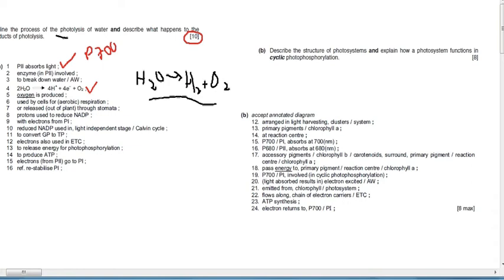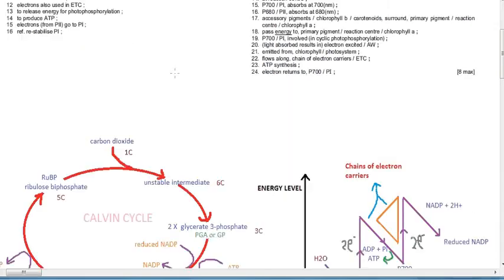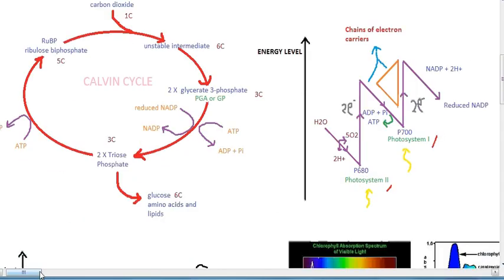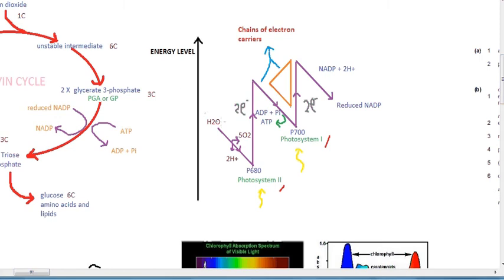Sorry for that. It's not P700, it's P680. It's always good to remember such data in terms of a diagram like this, okay?